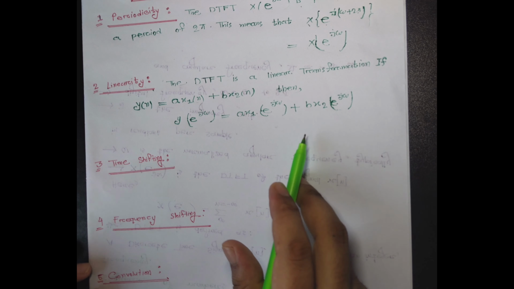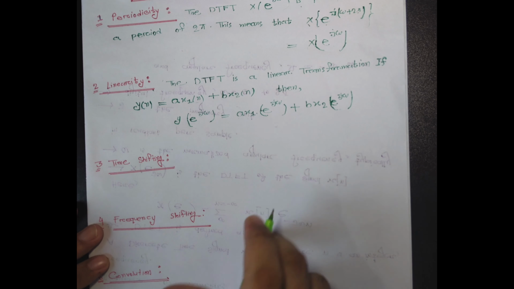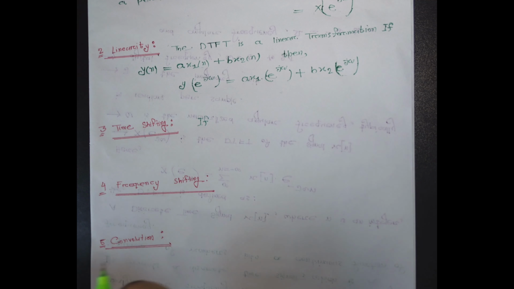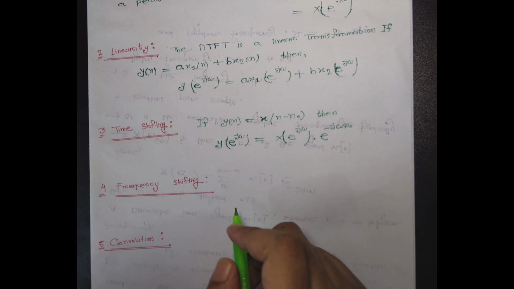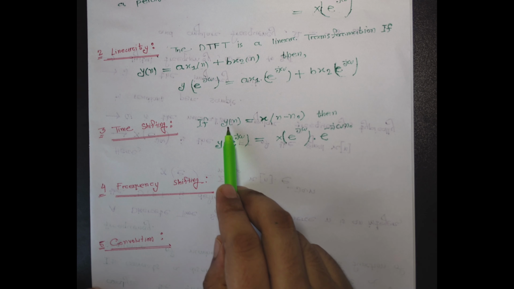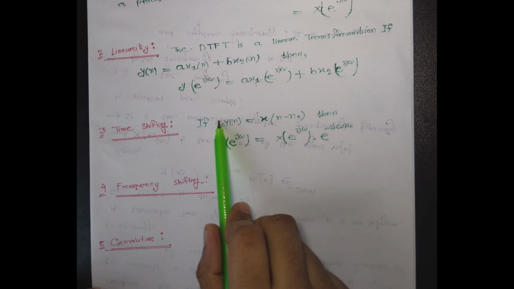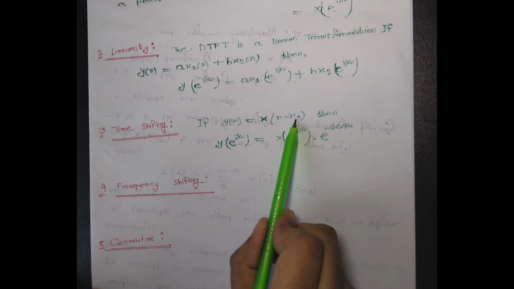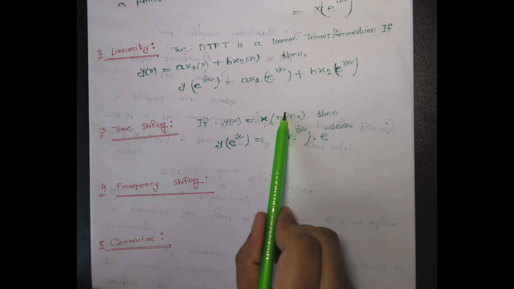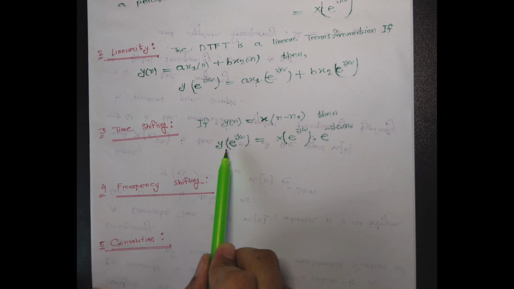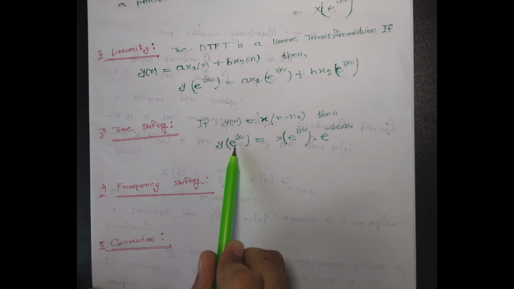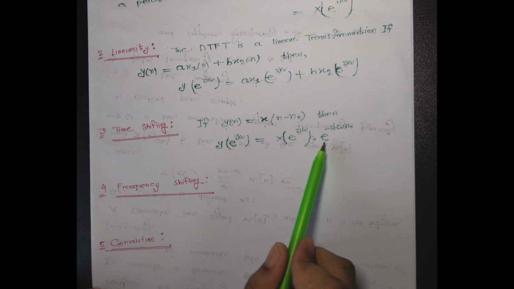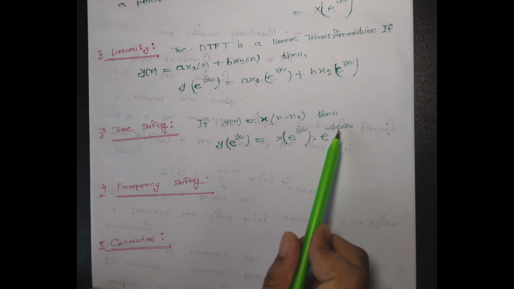And if we consider the time shifting property, if the signal y[n] equal to x[n minus n0], the shifting is minus n0, then Y(e^jω) equal to X(e^jω) into e to the power minus jωn0.